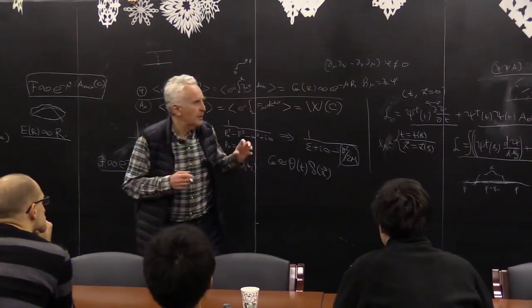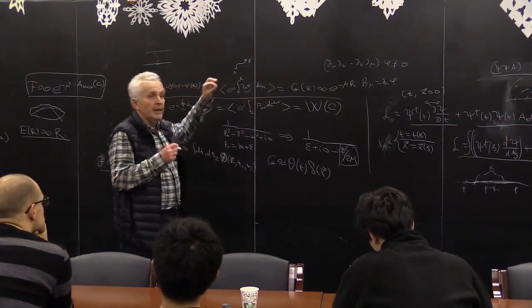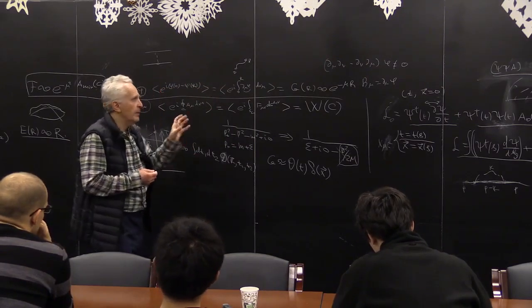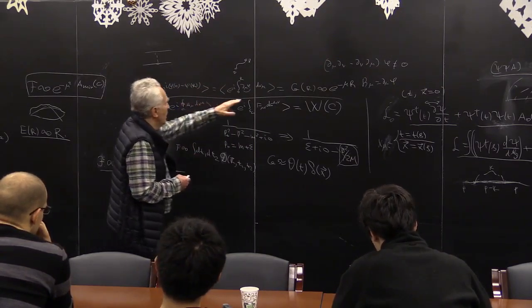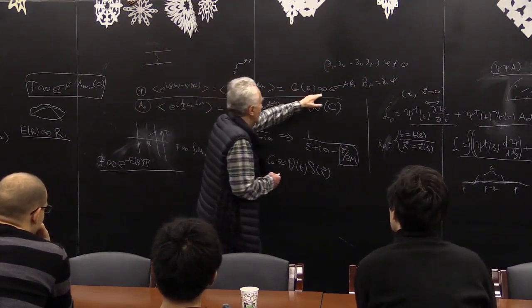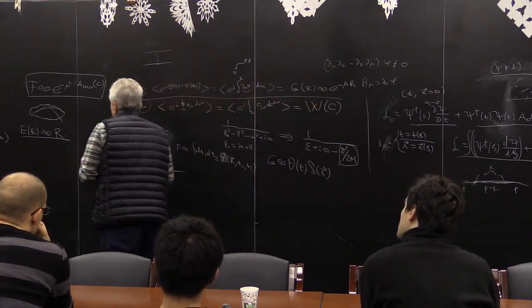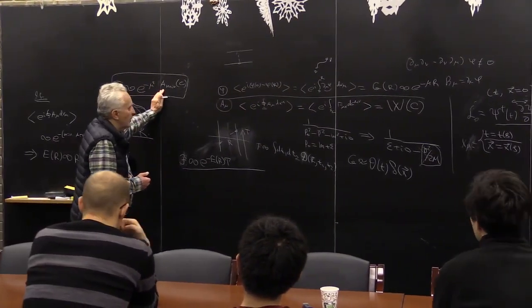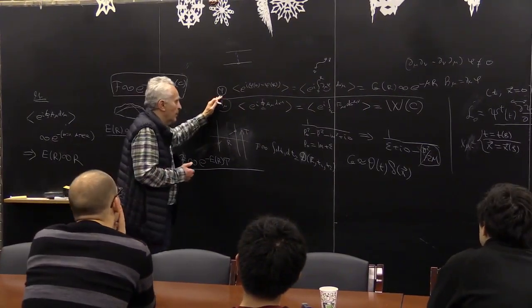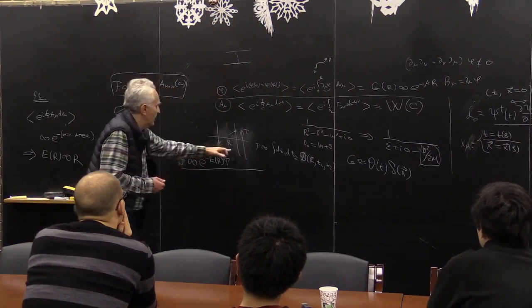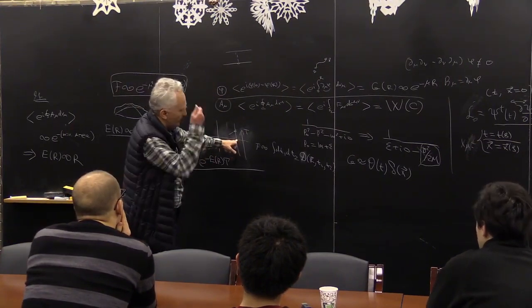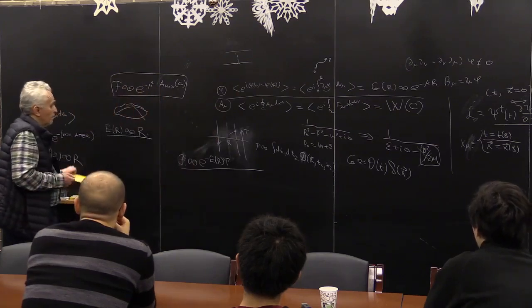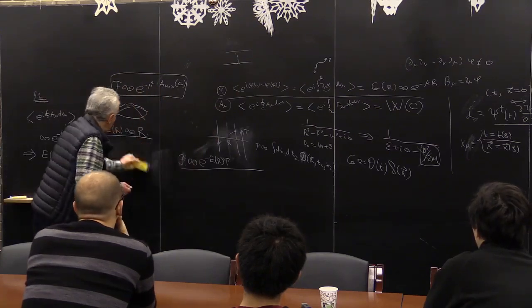It's when you have accumulated enough defects in the system so that they actually kill the correlation. So this is called the confining phase. If you have this simplest one-photon exchange, it's the Coulomb phase.